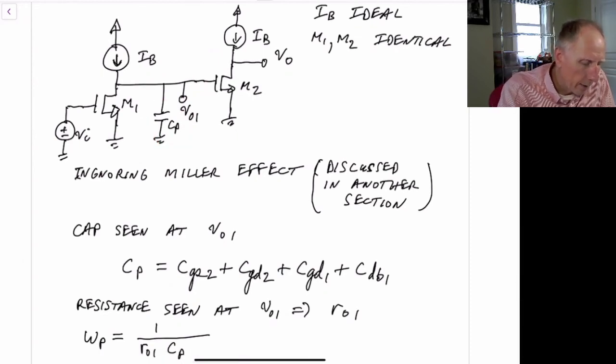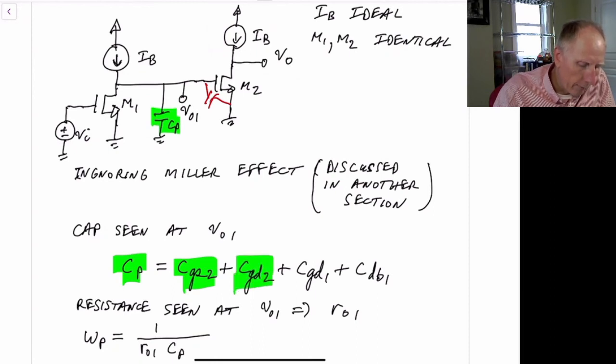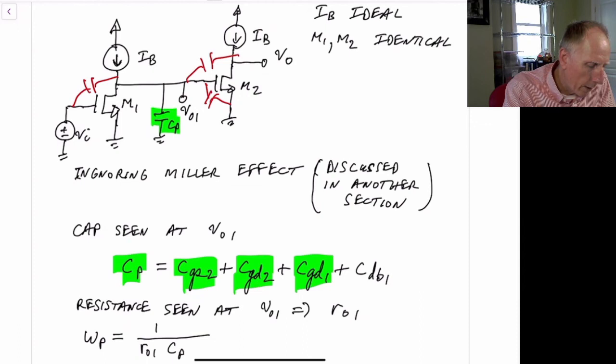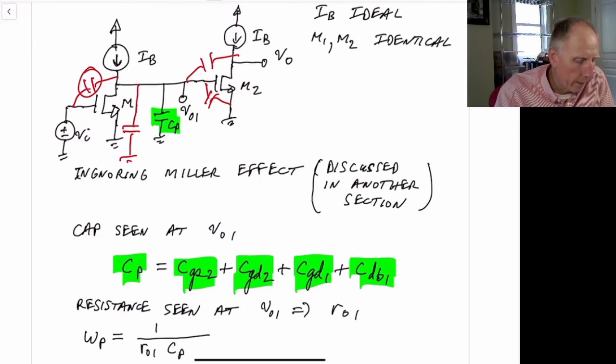So we see that the capacitance here, C sub P, the parasitic capacitance, is given by the gate to source capacitance of 2, plus the gate to drain capacitance of 2, plus the gate to drain capacitance of 1, plus the drain to bulk capacitance of 1.